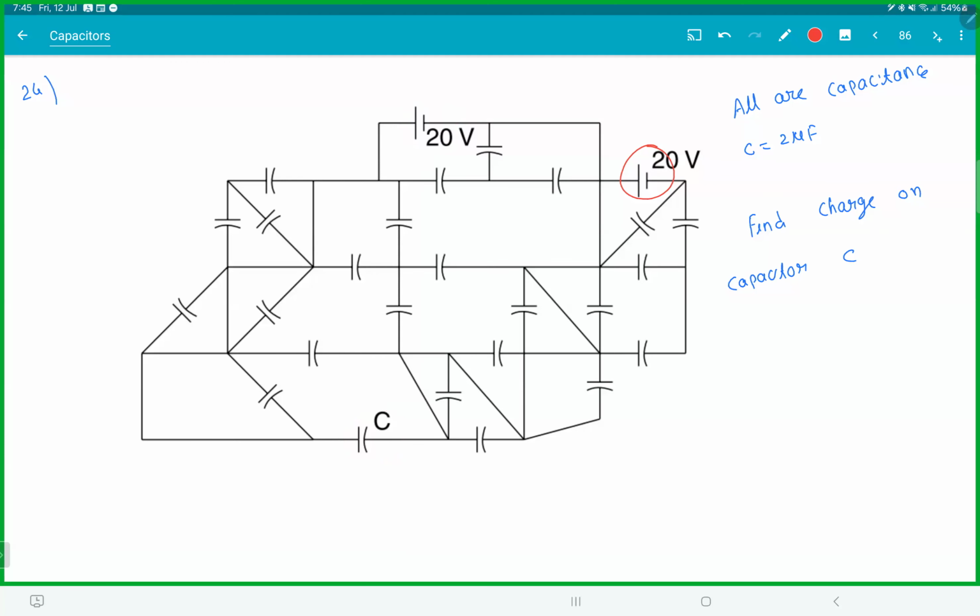Found it? So start from here. This was easy anyway.